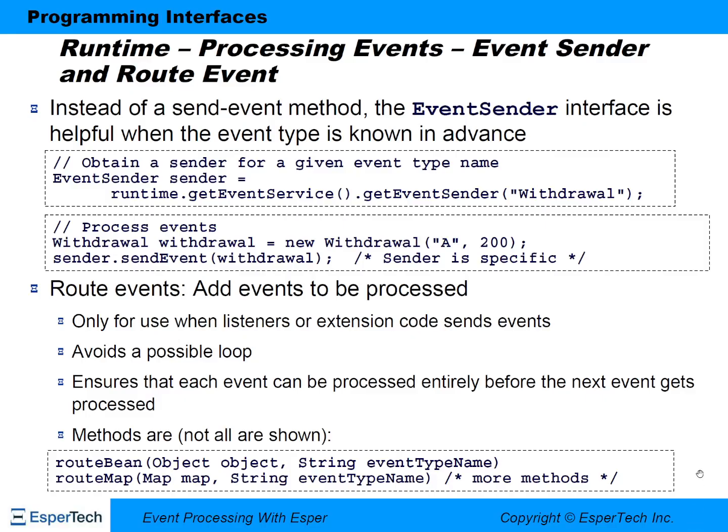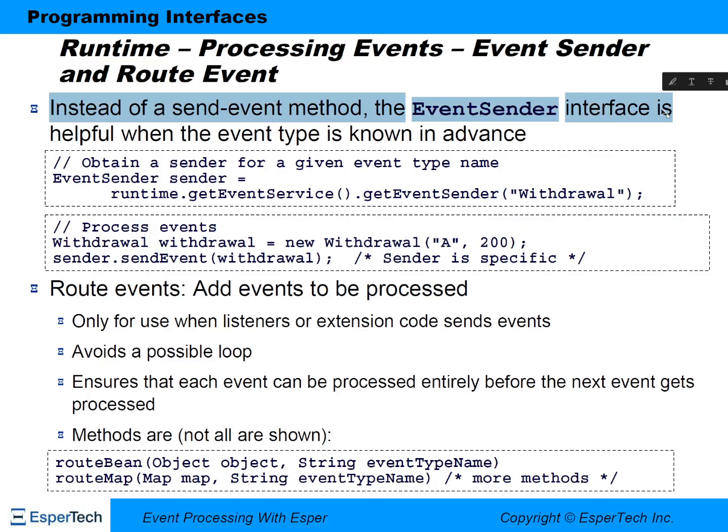The slide has two topics. The first topic is the event sender interface. The second topic is the route event method. Instead of a send event method, the event sender interface is helpful when the event type is known in advance. The first step in using an event sender is to obtain the event sender passing the event type name.